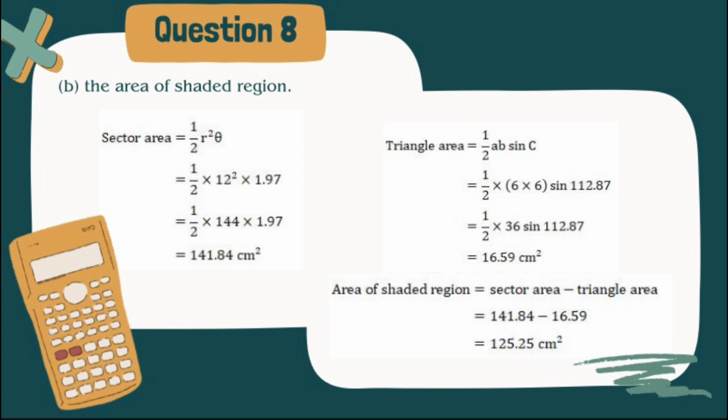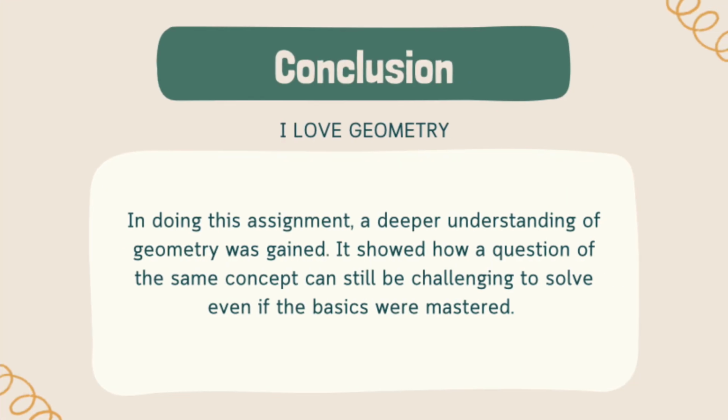So that means 141.84 minus 16.59. So the answer is 125.25 cm squared. In conclusion, doing this assignment, a deeper understanding of geometry was gained.